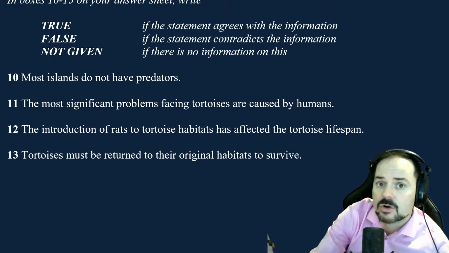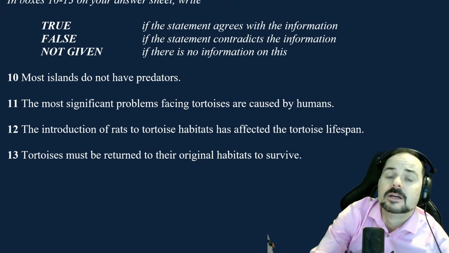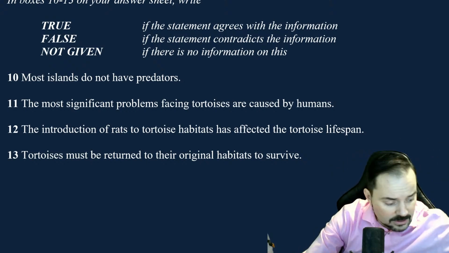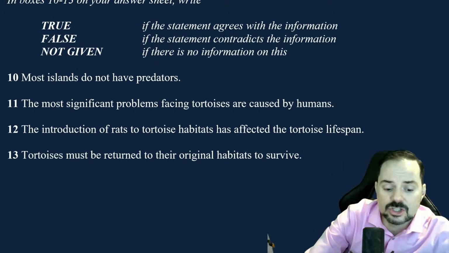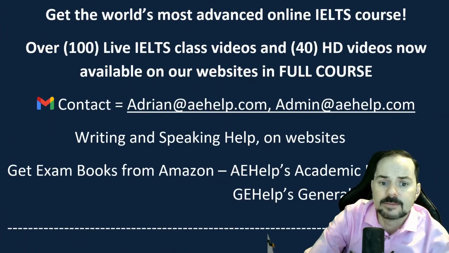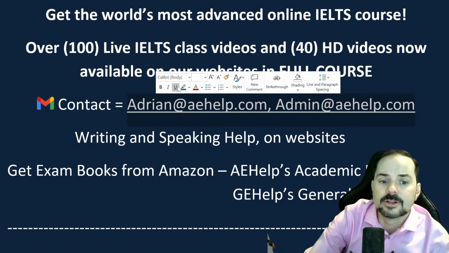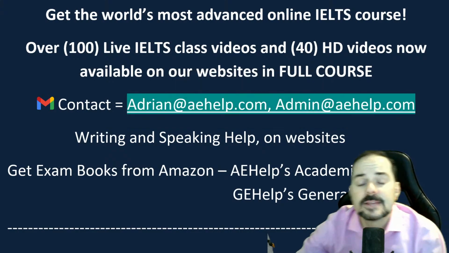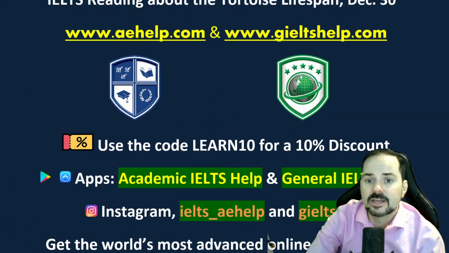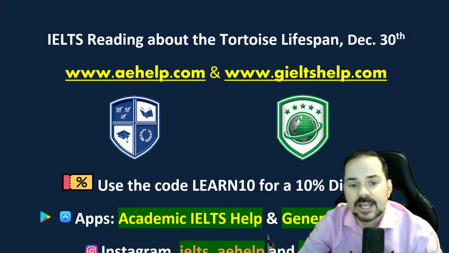There's a video that we put up there that specifically tells you what to do for true, false, not given. So send me the answers to these questions to my email. I'll show you my email here. This is my email here, 2 email addresses. You can send me answers here and I will send you the answer key back. Okay, so it's a good little homework exercise.